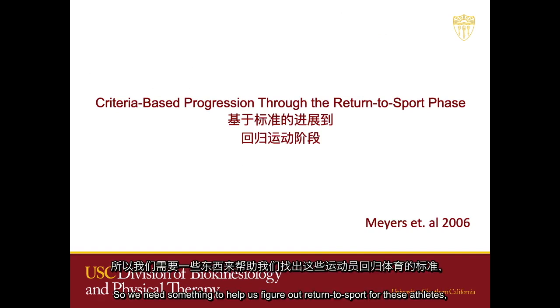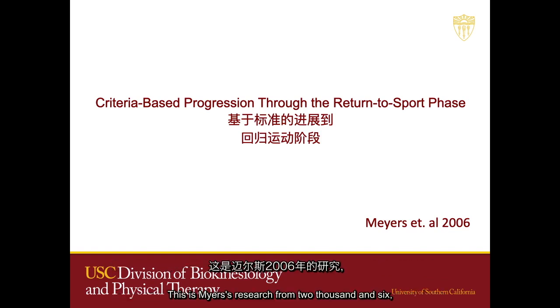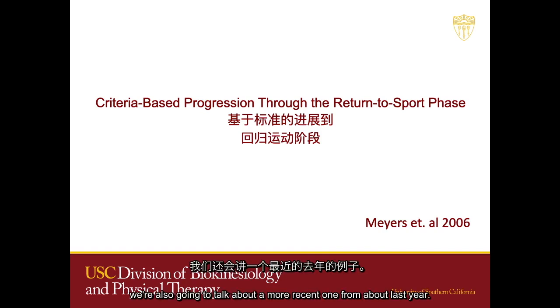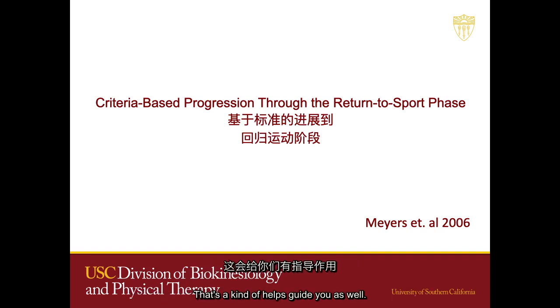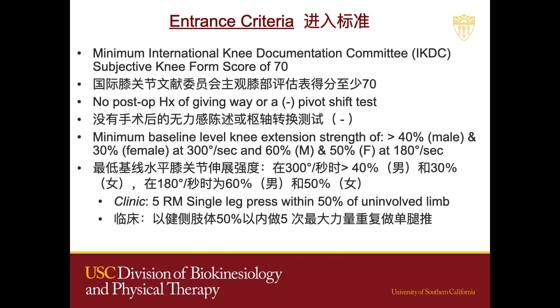So we need something to help us figure out return to sport for these athletes. This is Myers' research from 2006. We're also going to talk about a more recent one from about last year that helps guide you as well.